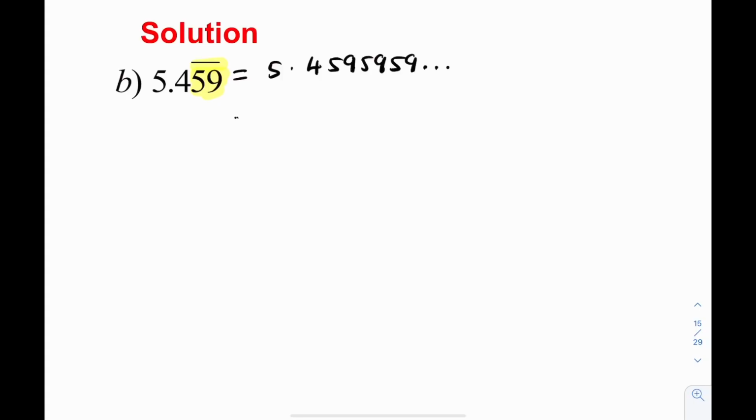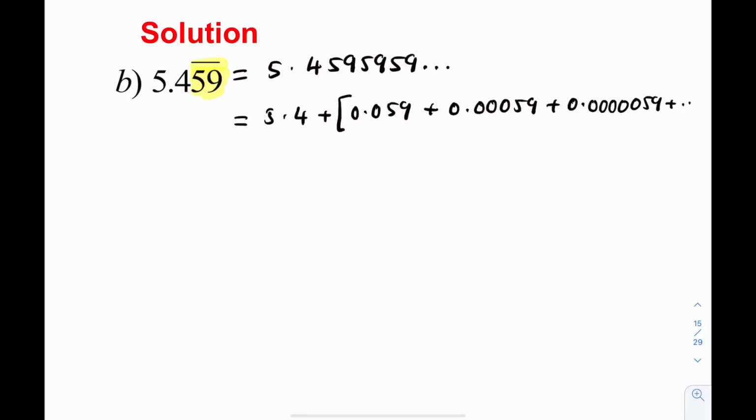Therefore, the series is 5.4 plus 0.059 plus 0.00059 plus 0.0000059 plus triple dots. And we notice that this is a sum to infinity, where a equals 0.059.